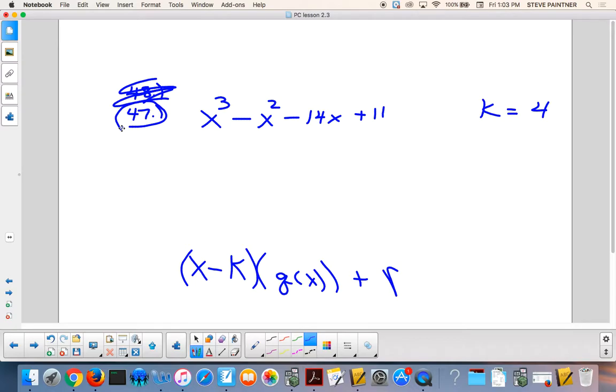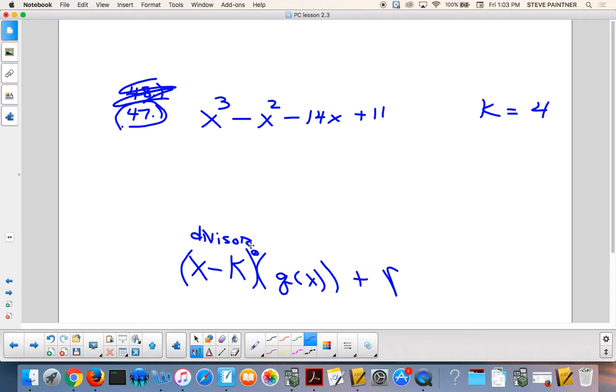So this is your quotient times x minus k. It's your answer times your divisor plus your remainder. So what they're saying is work the problem out. Whatever your divisor is, take it times your answer, because you're checking your work, and add your remainder to get this. Which just tells me I gotta divide by that number.